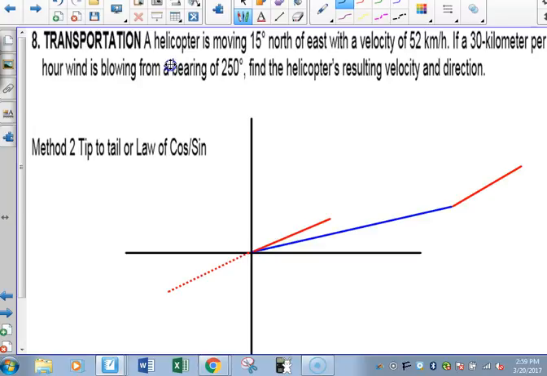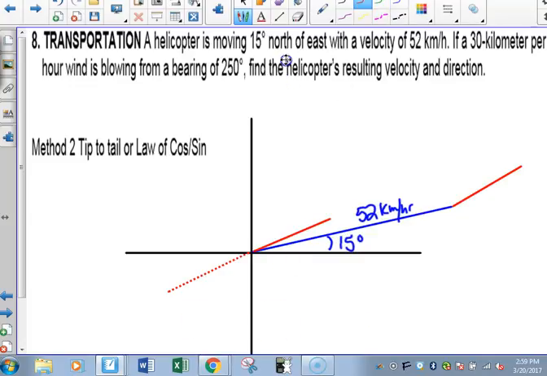Okay. I'm going to try to explain this. If you've had physics, this is the way they do them in physics. I don't like this method, so I'm going to do this example, okay? Helicopter 15 degrees north of east. So the helicopter is this blue line right here, 52 kilometers per hour. 15 degrees is the angle in here.